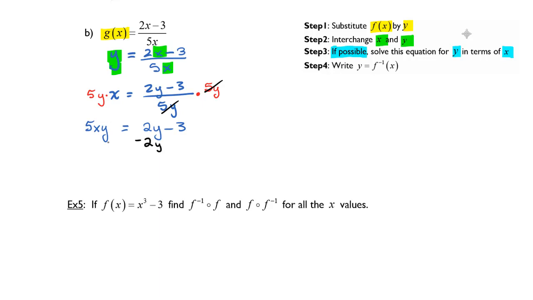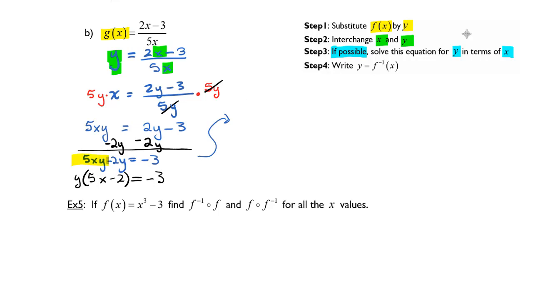Now I can subtract 2y from both sides. And I have 5xy minus 2y equals negative 3. Factor out the y and you get 5x minus 2 times y equals negative 3. Well, that's very convenient because my next step can be dividing that 5x minus 2 off to the right.